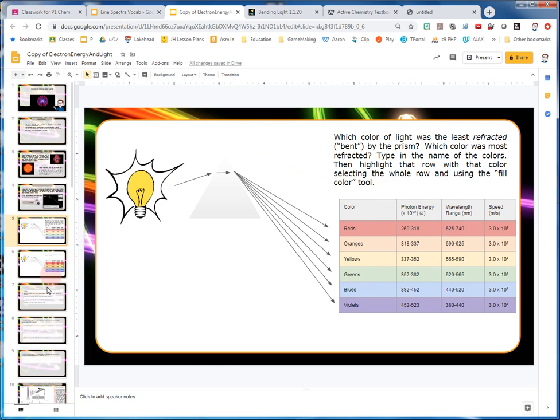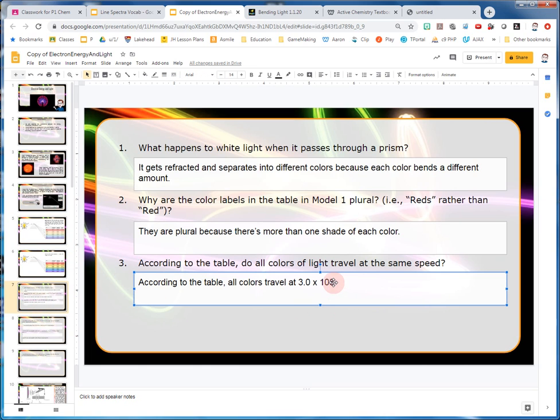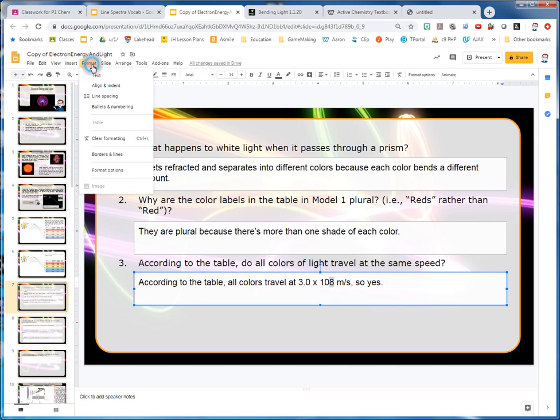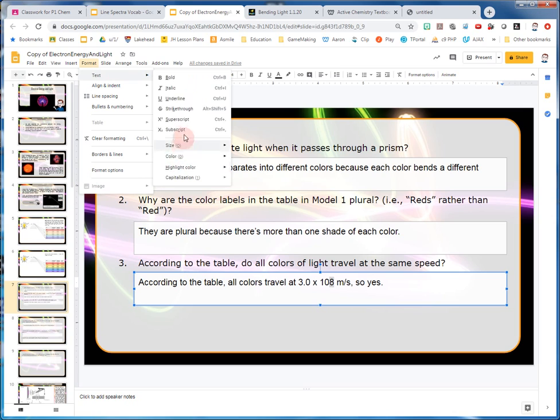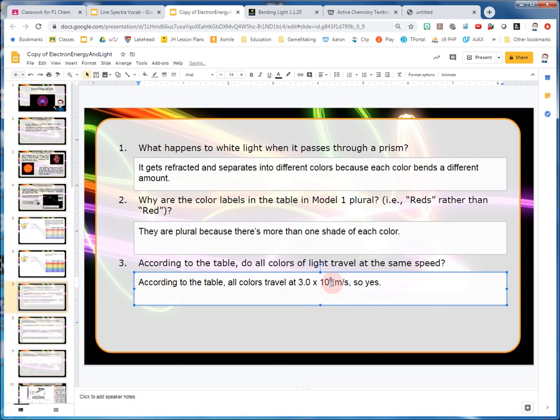Yeah, meters per second. So yes. And make sure you come in here and go to Format Text Superscript, because 10 to the 8th is not the same thing as 108.